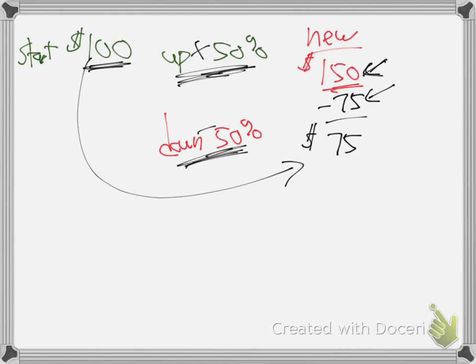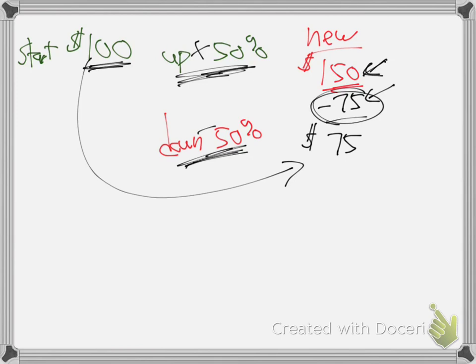The second time you did half of a bigger number. Half of a bigger number is bigger, and you subtracted a bigger amount than you added. You see that? So 50% of 100 is not the same as 50% of 150. Clearly, you know that. So that's the trick.